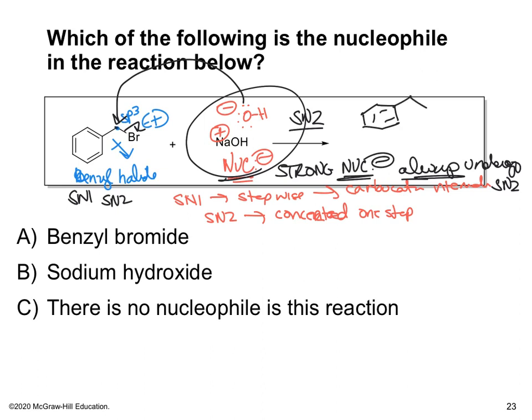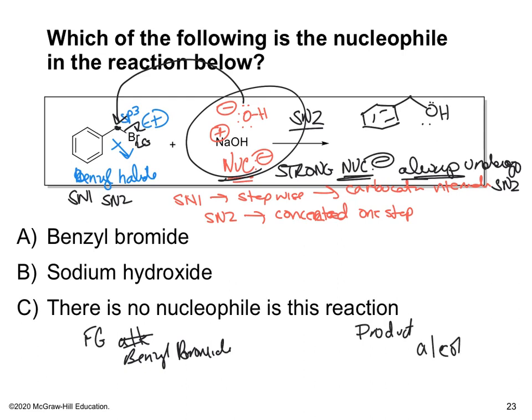Now this bromine is your leaving group, and it's being substituted with an OH. So we just changed our functional group. Our starting material functional group is a benzyl halide, you could say benzyl bromide, and our product is an alcohol, a benzyl alcohol.